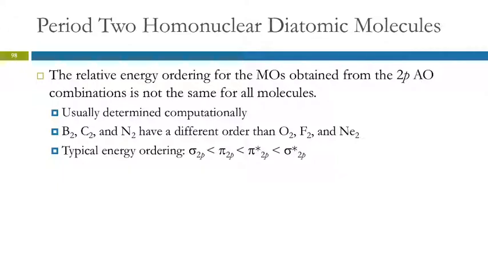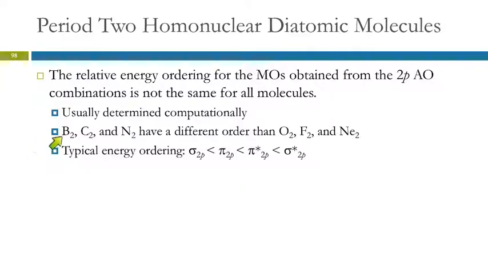So just, to make things a little more complicated, the relative energy ordering for the molecular orbitals that we get by combining the 2p atomic orbitals is not the same for all molecules. It's actually determined using very complicated math and computers.